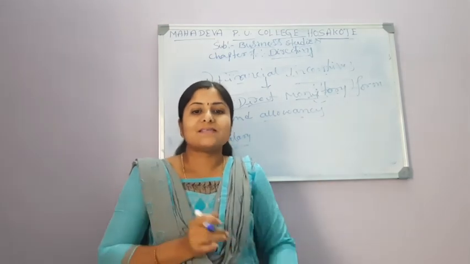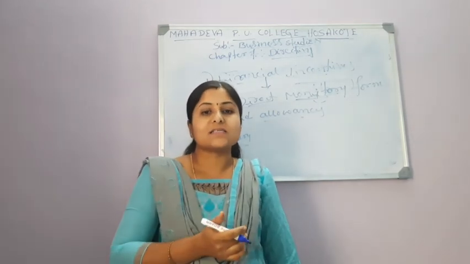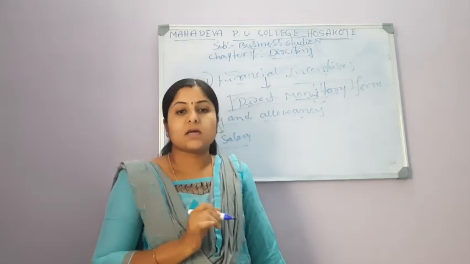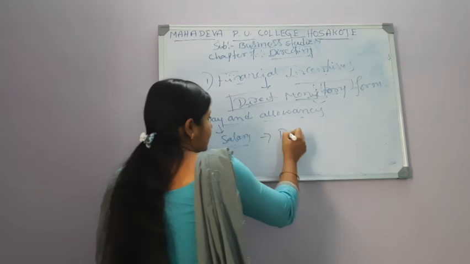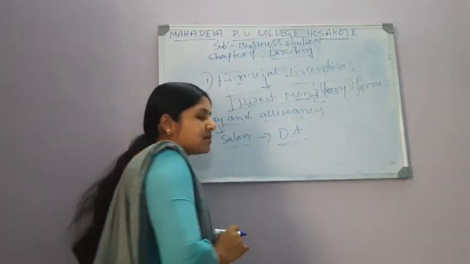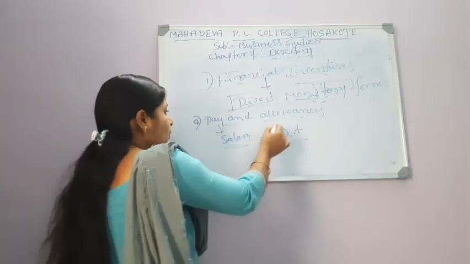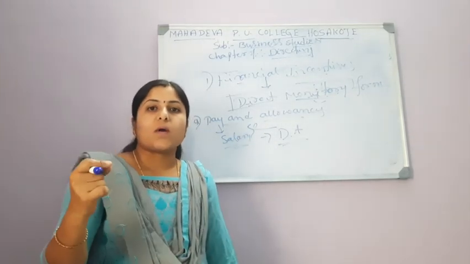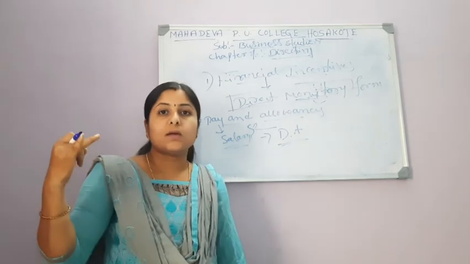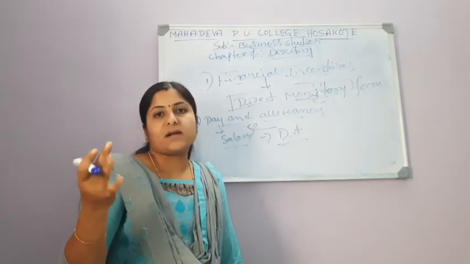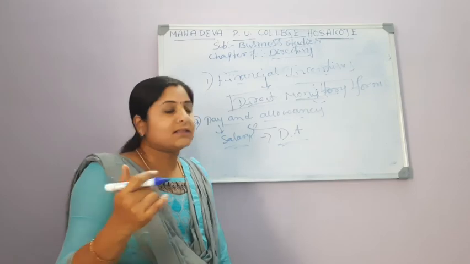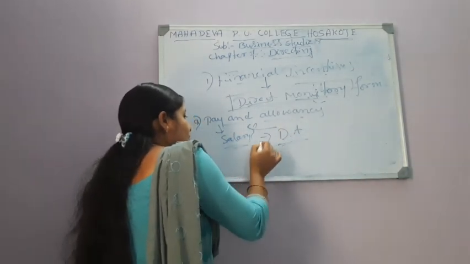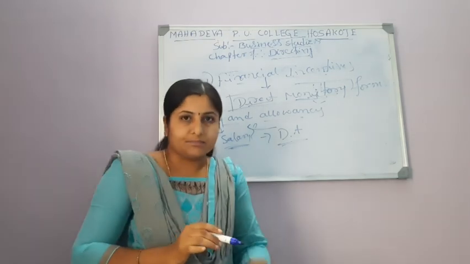Along with salary we can provide other incentives like dearness allowances. Dearness allowance is nothing but providing traveling expenses, food expenses, medical expenses and the like along with the salary.